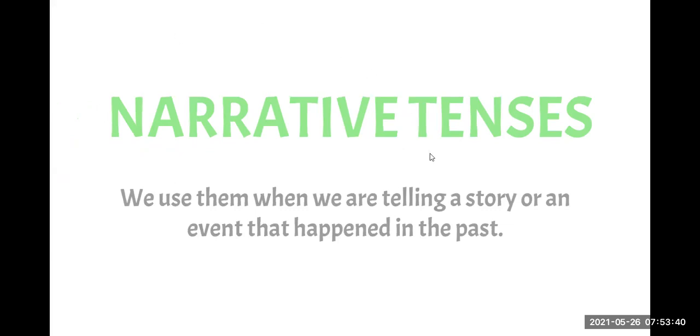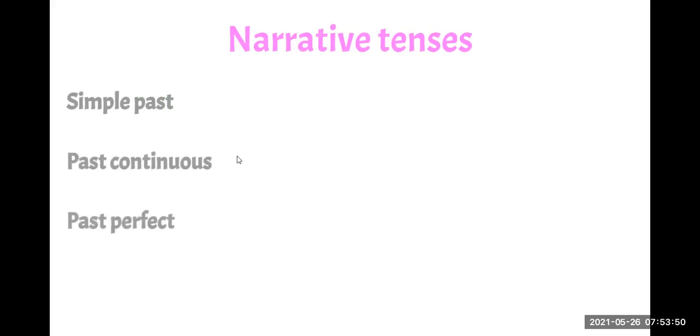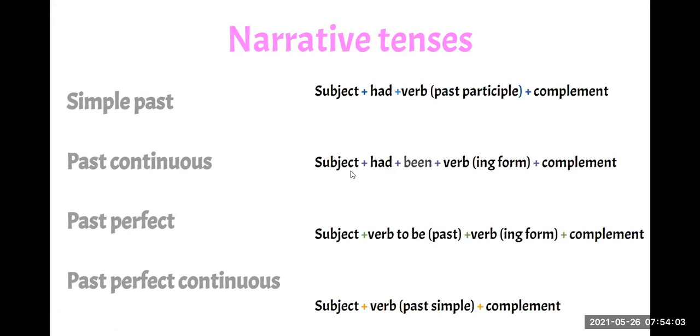Okay, so narrative tenses. Here we have the past simple, past continuous, past perfect, and past perfect continuous. We are going to use all of them in this lesson, okay? So here I have the structure of each one of them, and I want you to tell me how you can match the tenses with the structure.